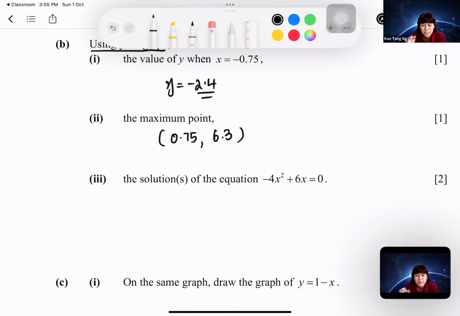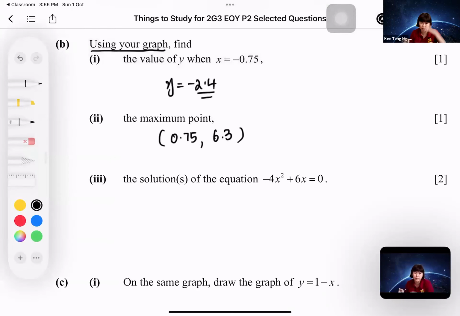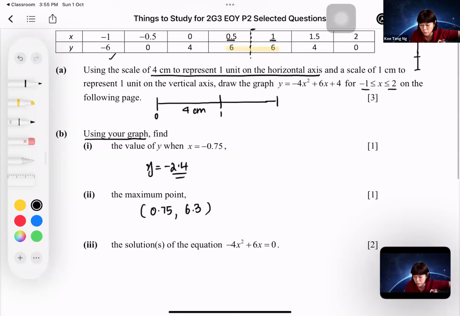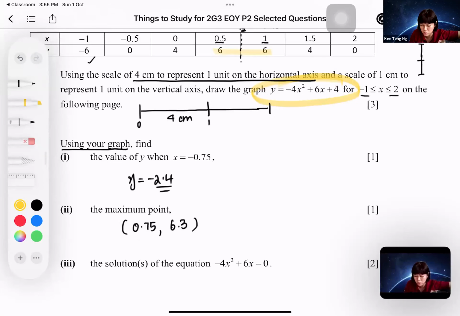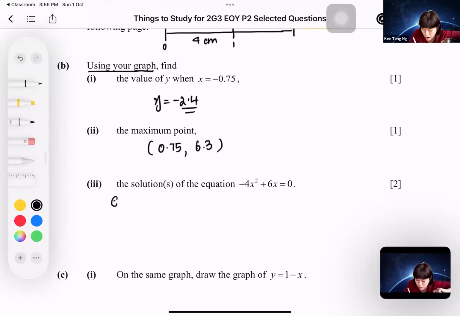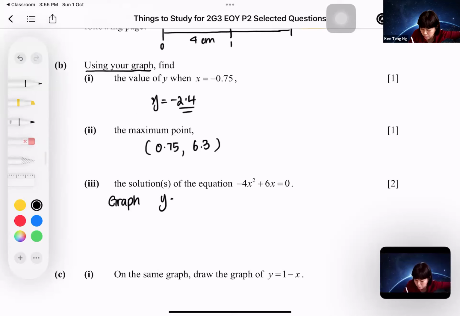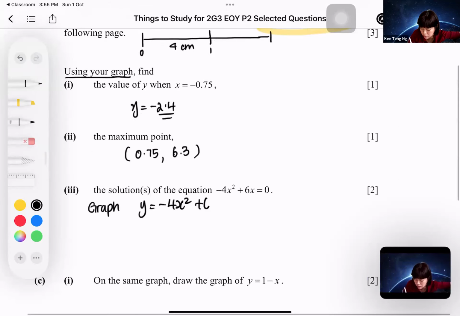Okay, next part of the question, this is the one that I need to highlight. Use the graph to find the solutions of the equation, this one over here. But first, before we begin, we need to copy down the equation for our graph, which is y equals negative 4x squared plus 6x plus 4.